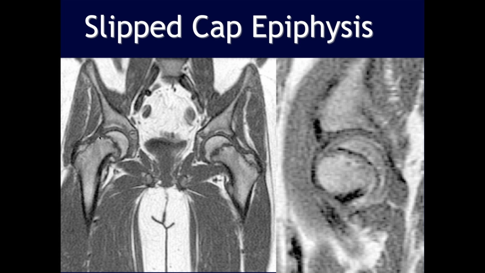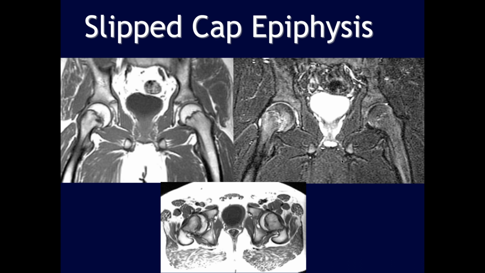And here, there really should be a little bit of a displacement superiorly when you go from the metaphysis to the epiphysis. And here, there's actually been a slippage, so you're not seeing that. In fact, this is abnormal on both sides, where you have slipped capital epiphysis on both sides. And you can see a significant rotation here on the sagittal images.